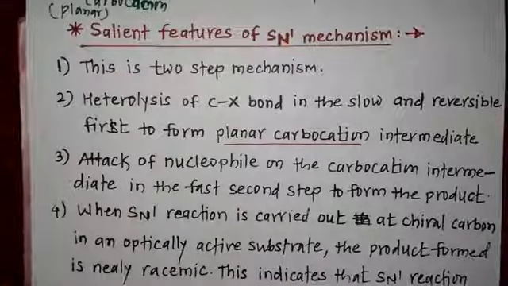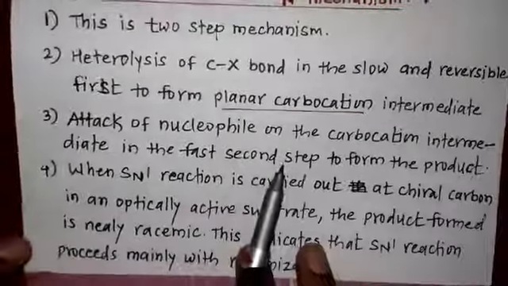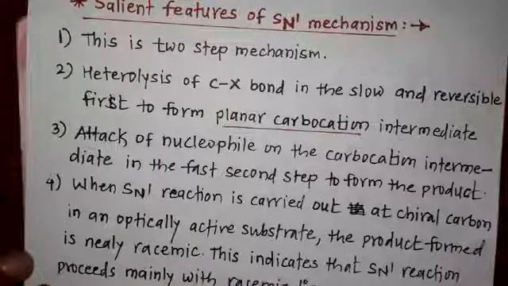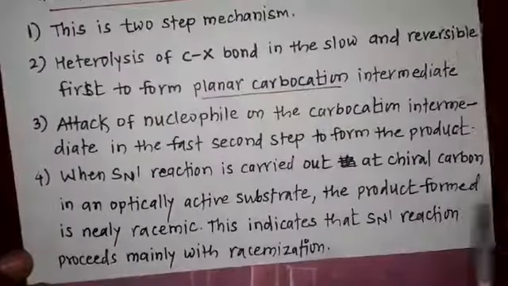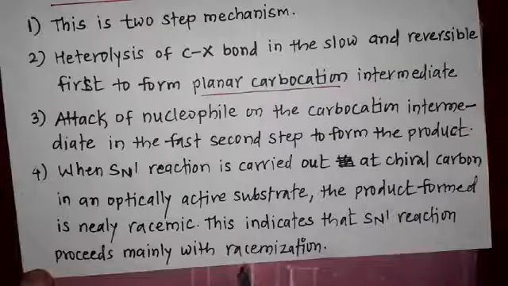When an SN1 reaction is carried out at a chiral carbon in an optically active substrate, then the product formed is nearly racemic. This indicates that the SN1 reaction proceeds mainly with racemization.